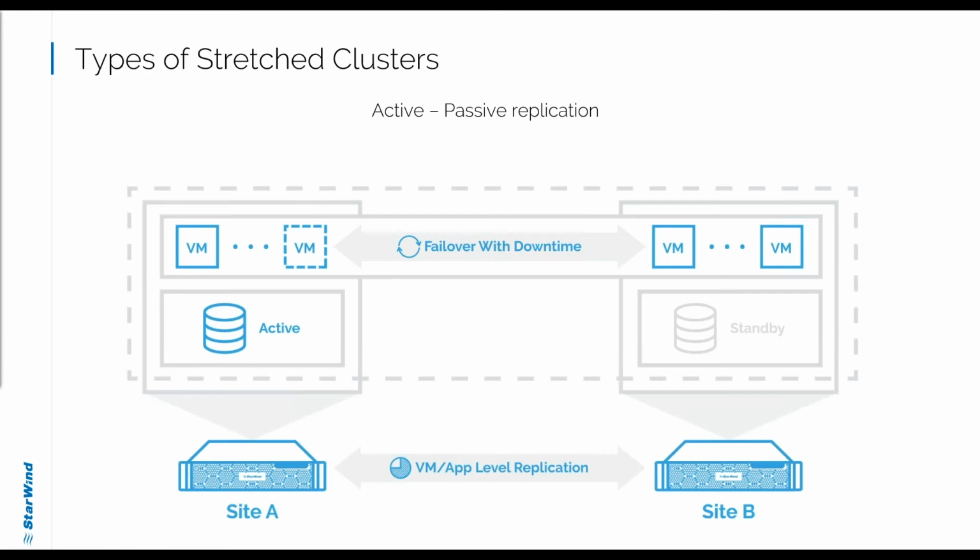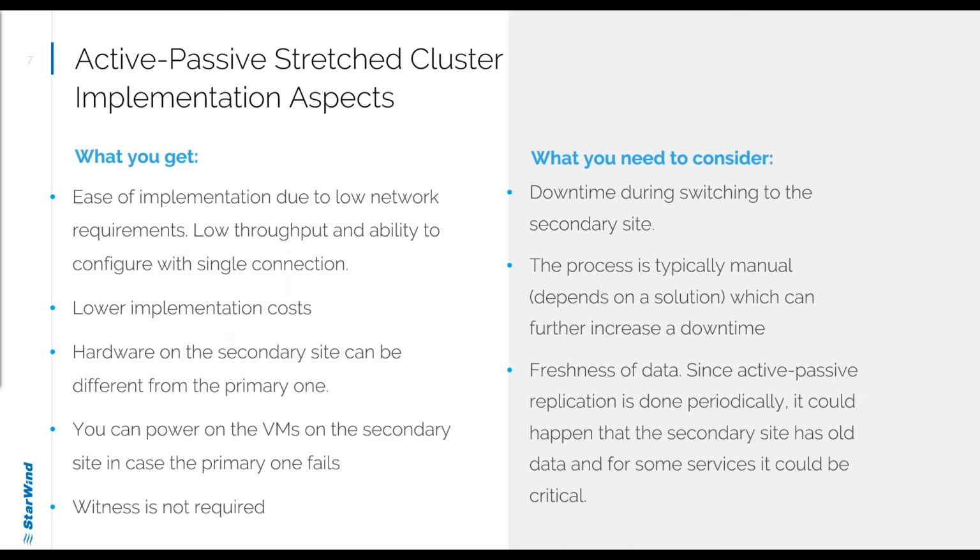So what about the cornerstones and key aspects here? Well, everything is much more simple with the active-passive replication and stretched cluster of such a type. And the first question you might actually have is why we need this if we can use the active-active replication scenario.